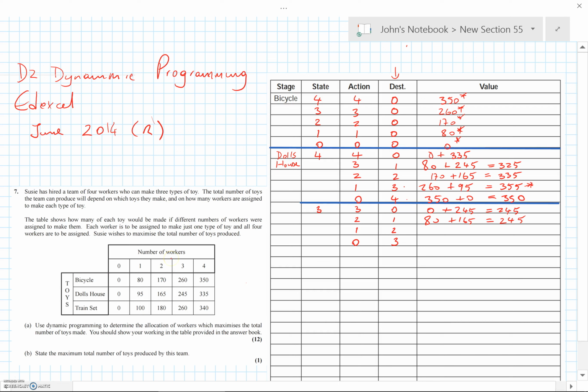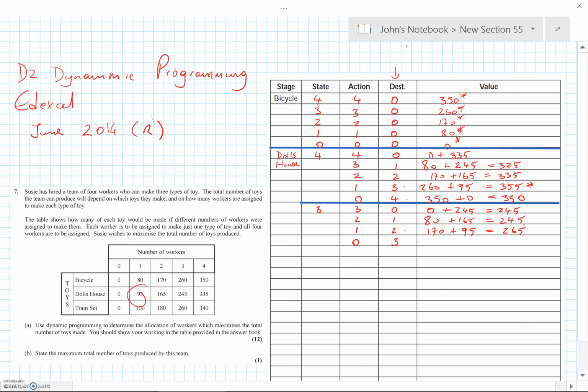Okay. And then we've got a destination of 2 here, so we're pulling down the state of 2 from the stage before. That's 170. Okay, then we're adding on whatever the action is, which is 1 person doing a Doll's House, which is 95. And that equals 265.